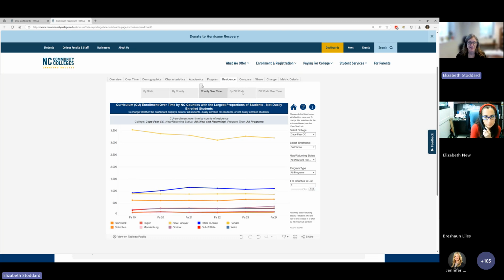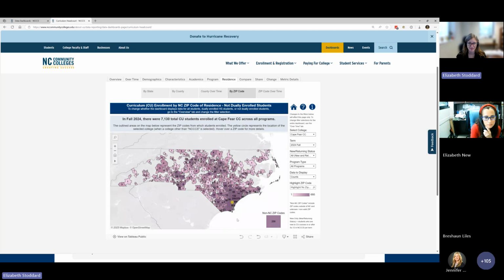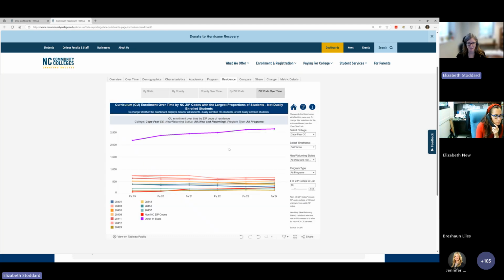And then you can do the same thing by zip code. I won't go into all of these, but just know you can see that same view here, telling you which zip codes your students are coming from, and that zip code analysis over time as well.